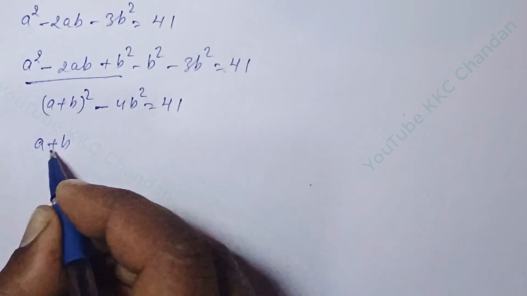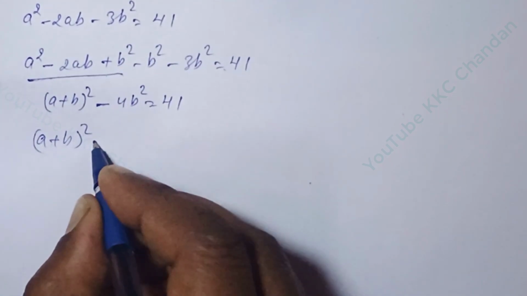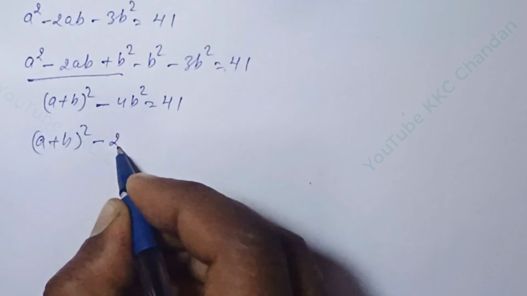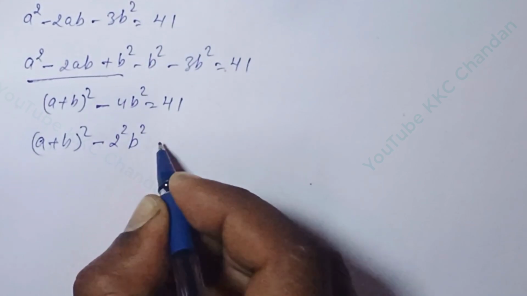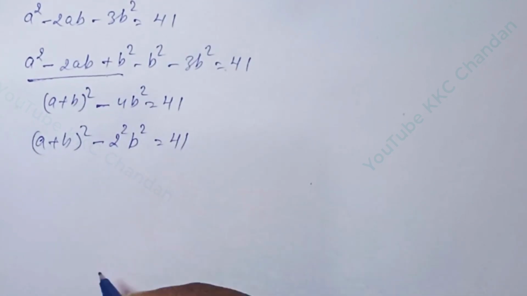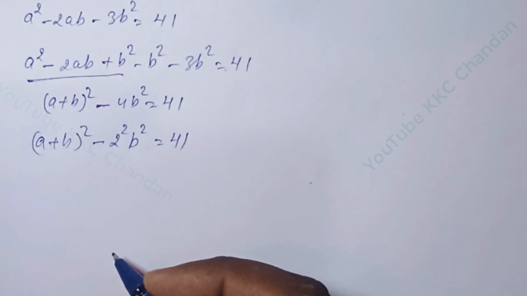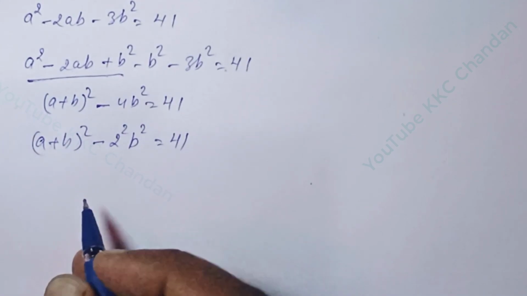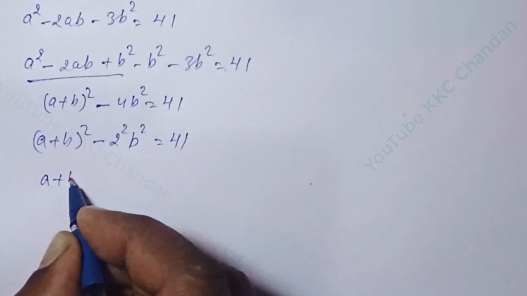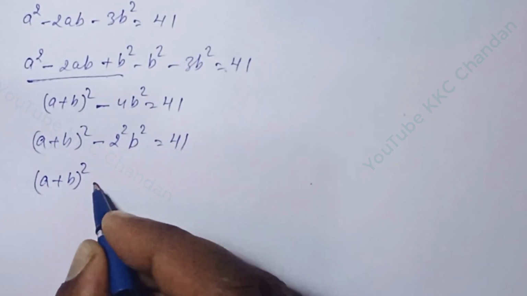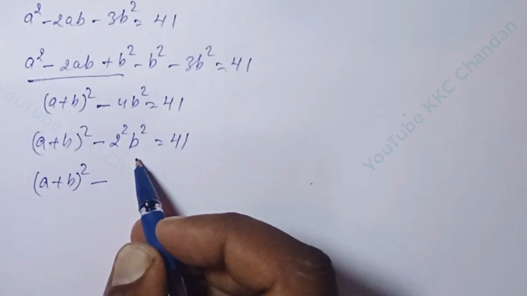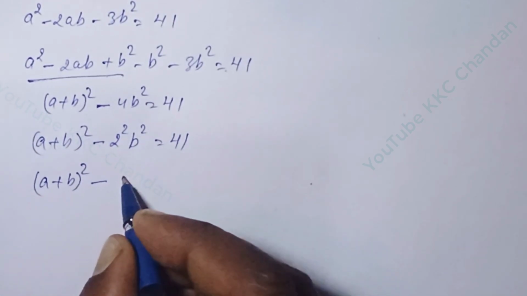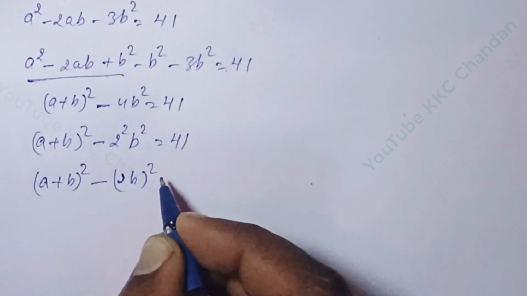After the next step, see here, a plus b whole square minus 4 will be written as 2 square, b square is equal to 41. After the next step, a plus b whole square minus, according to the exponential rule, here apply that 2b whole square.